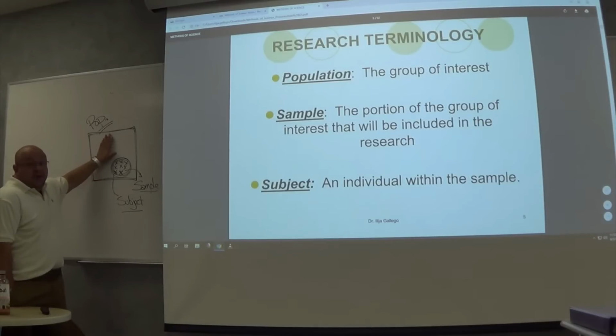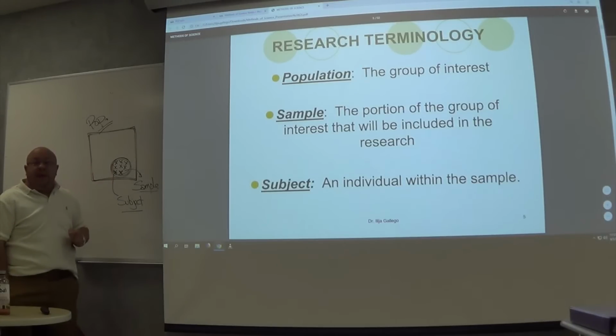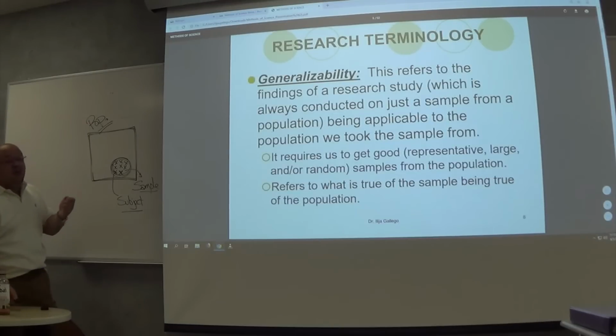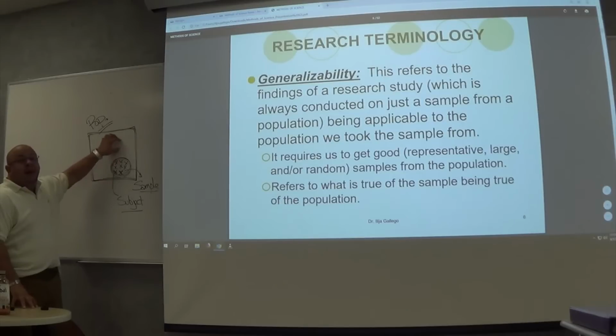So how would I know if they are? And they're all over the world, and they're all kinds of ages and so forth. So what I'm going to do instead is take a sample of people, a group that all have depression, and give them this medicine to see if they get better. And then I'm going to generalize from the sample to the population.